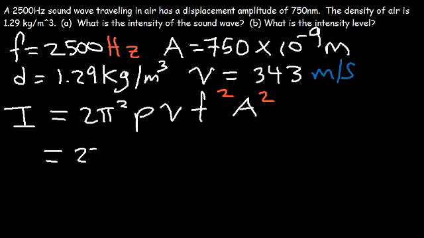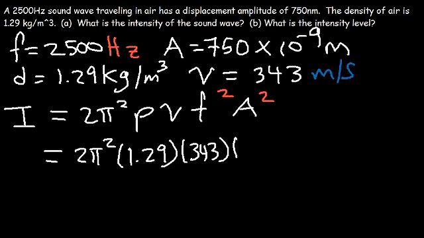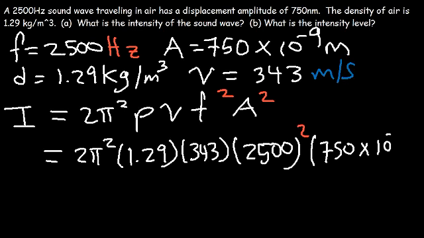So that's going to be 2 pi squared times rho, which is 1.29, times the speed, which is 343, times the square of the frequency, 2500 squared, and the square of the amplitude, 750 times 10 to the minus 9 squared. So basically, you can type this in exactly the way you see it in your calculator.